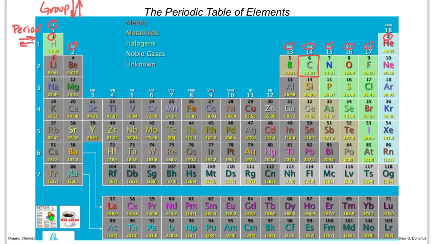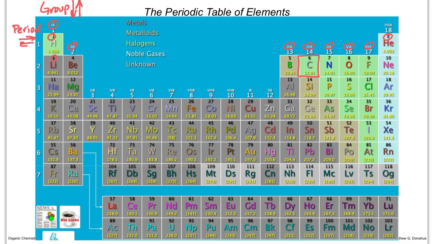What's another sort of fact associated with atomic number in terms of counting? Well, not protons, electrons. So it's the electron count.